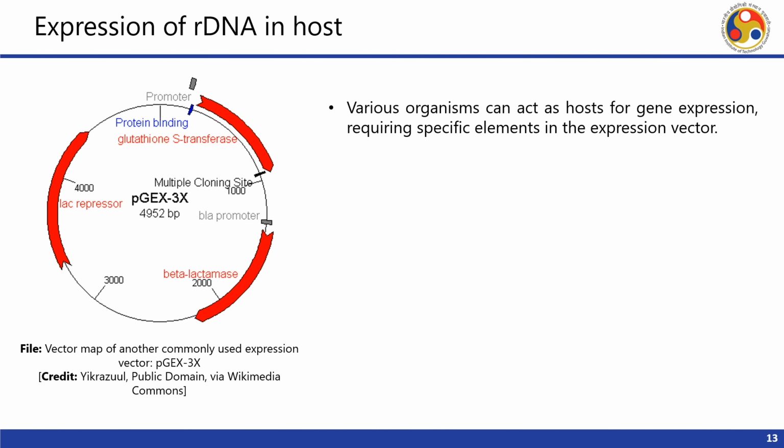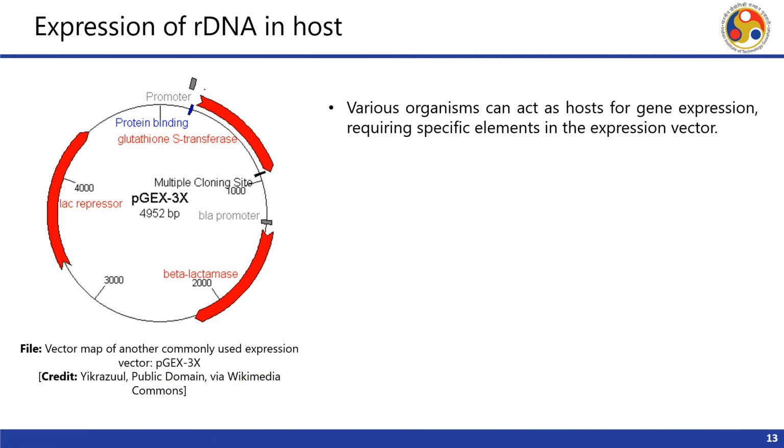So, let us now study a little bit about the expression of rDNA in the host. Various organisms can act as hosts for gene expression, requiring specific elements in the expression vector. This is a vector map of a commonly used expression vector, pSX3X.